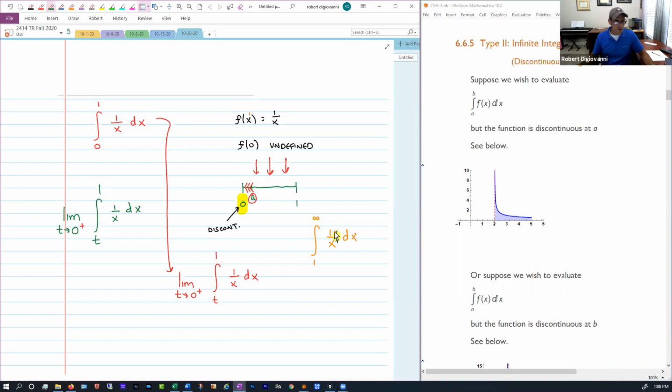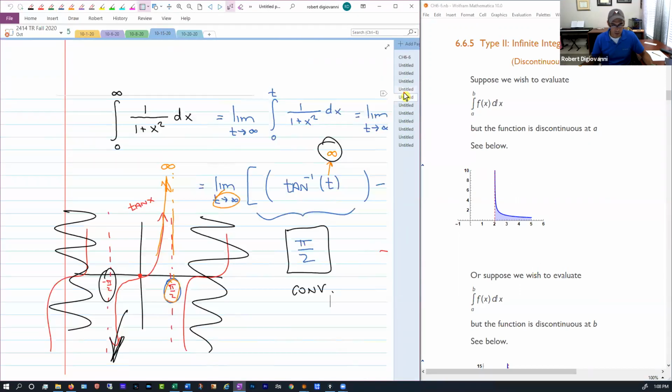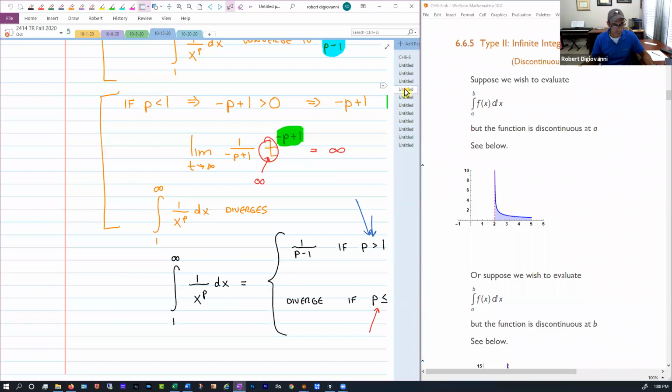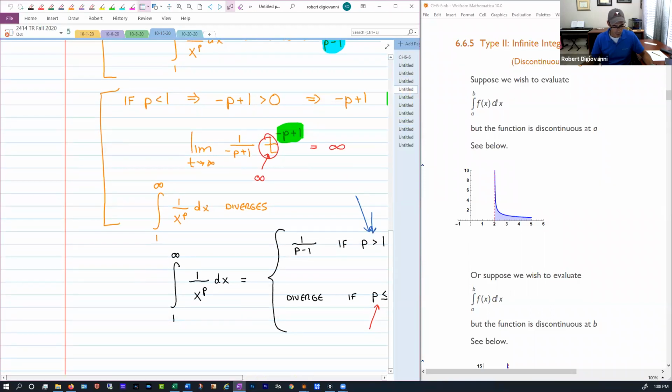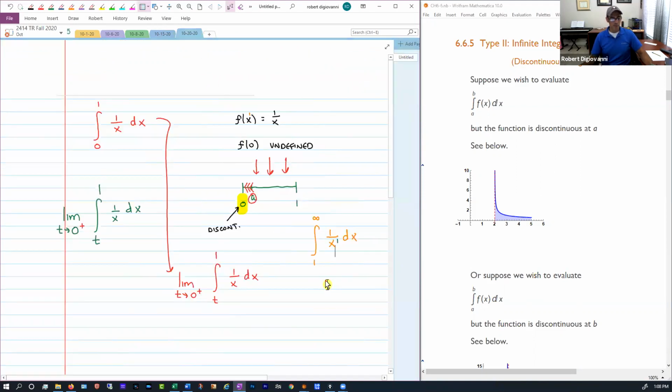Okay, we did talk about that last class somewhere. There we go, right there. The integral from 1 to infinity of 1 over x to the p dx will be equal to, well, if p is less than or equal to 1, it will diverge. All right, that's from last class. So that's what happens if we go from 1 to infinity.